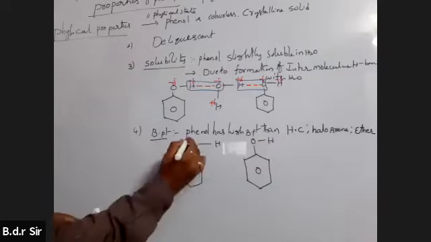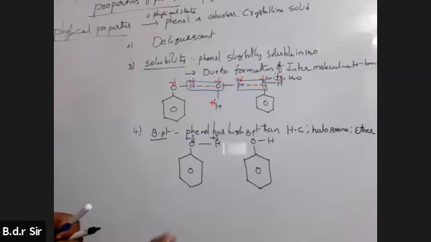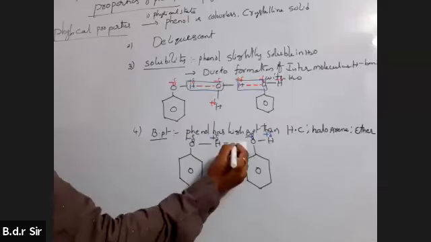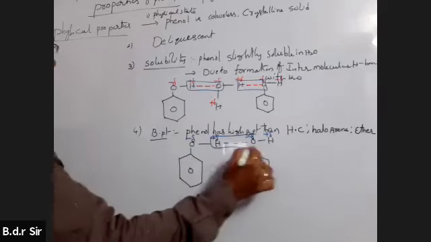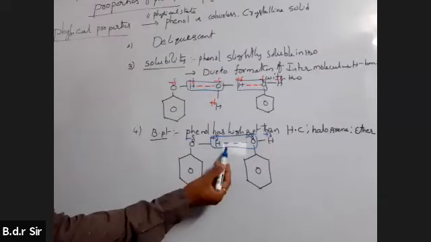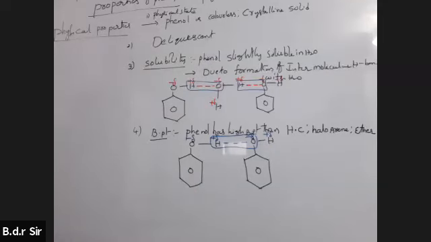Oxygen is electronegative, hydrogen is positive. Negative pole, positive pole. Between these two, intermolecular hydrogen bond forms. Due to the formation of intermolecular hydrogen bond, phenol has the highest boiling point. Okay, these are the physical properties of phenol.